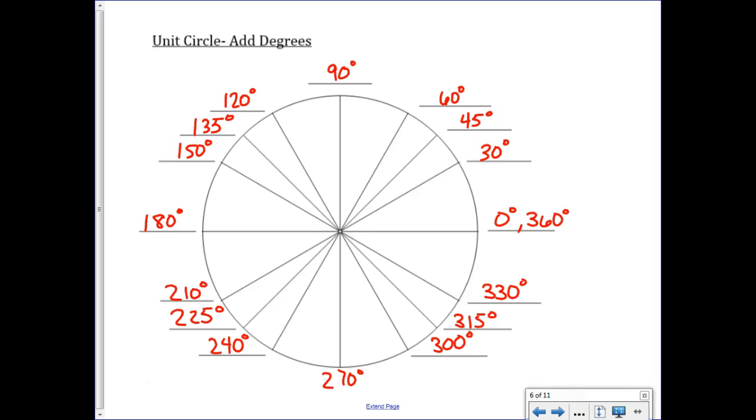So those are the degree measures that you should know, and you will be quizzed over knowing those degree measures. And you'll need these again next year in IB Math 1 or Pre-Calc, whichever you are choosing to take.